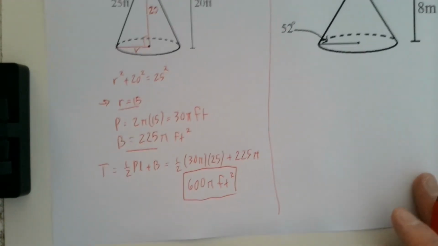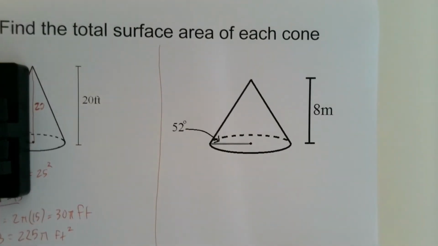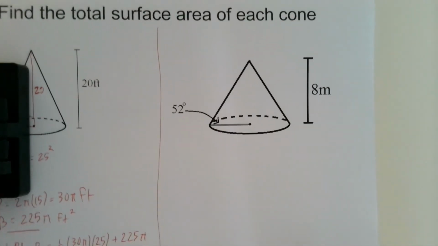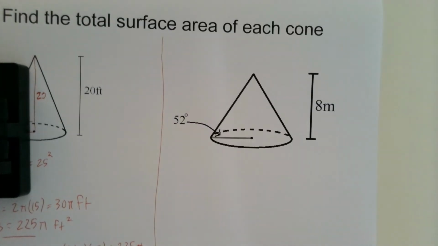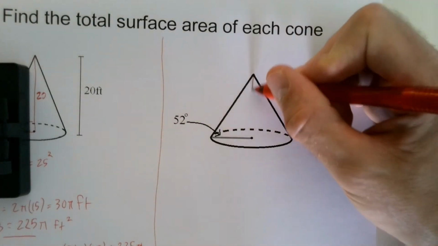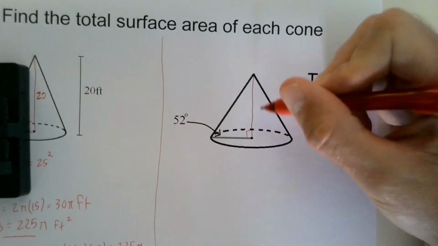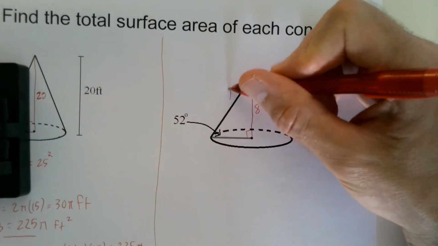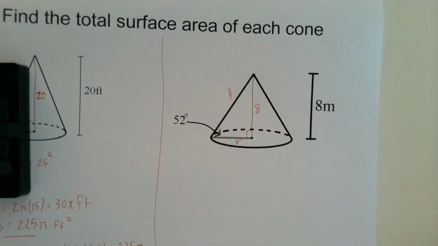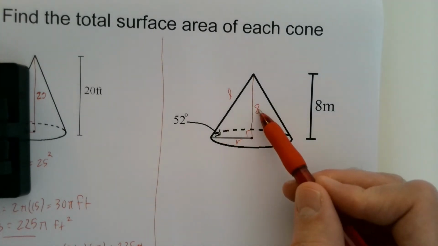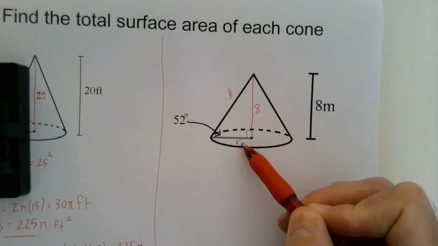Last question with cones is going to involve some trig. So here they gave me the altitude, I don't have the slant height, and I don't have the radius. Draw in that perpendicular, it's an 8, so we're going to be looking for slant height and radius. Okay, so this is a trigonometry problem. Here I have the opposite, and I'm looking for the adjacent.